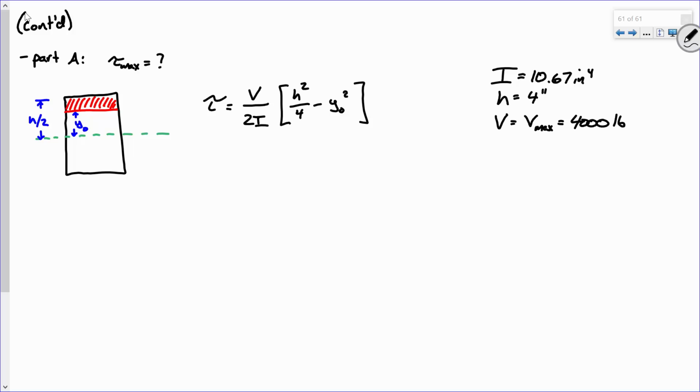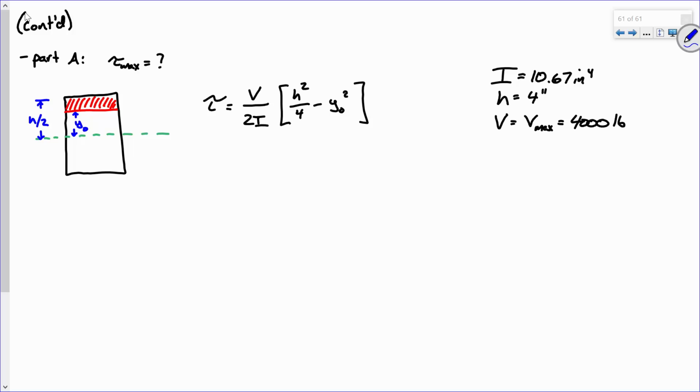Now, can we plug and chug into this? What are we missing? Y naught. Let's look at this equation. I'm going to take V over 2I times h squared over 4 minus this. If I want to get the maximum shear stress possible, what value should I plug in for y naught? What happens if I plug in h over 2?